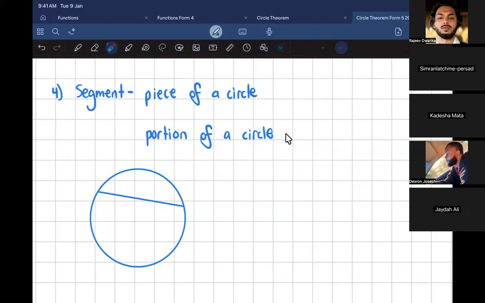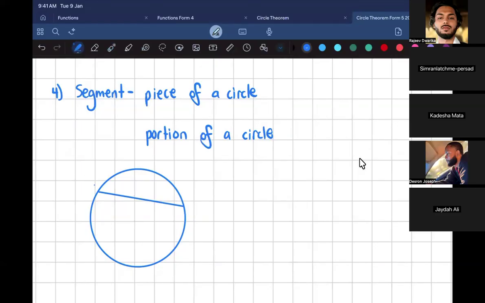The bigger one. Exactly. Who here is going to take the smaller piece of pizza? Kadisha, are you taking the smaller piece or the bigger one? The bigger piece, yes. So this is what a segment is: the portion, the area, the piece of a circle.